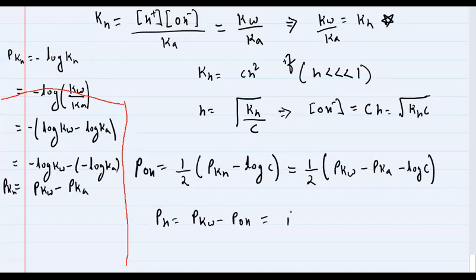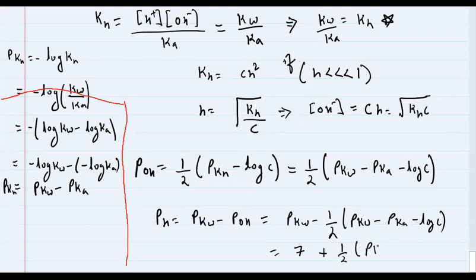So which is pKw minus this whole thing, half pKw minus pKa minus log C. If you simplify it, 1 minus half is half, or 14 minus 7 is 7. Minus, now take minus outside, so minus minus plus half pKa plus log C.